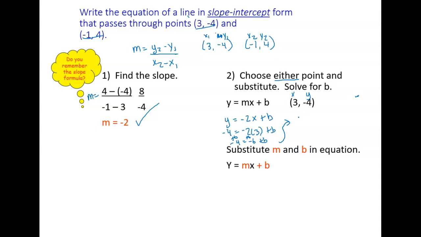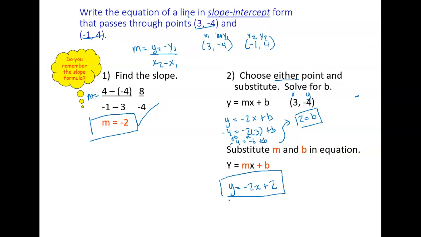So -4 plus 6 gives me 2 is equal to b. So now I have my b is 2 and my m is -2. So now I'm going to substitute it all back in, and that's my equation of a line. So -2x plus 2. That's my equation of a line. Oops, I didn't mean to do that.